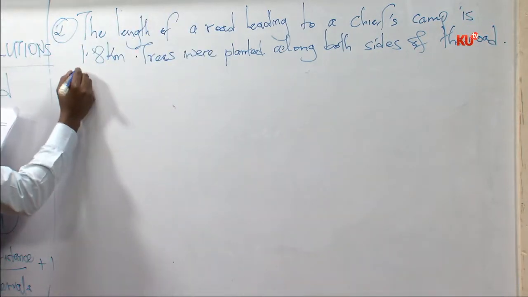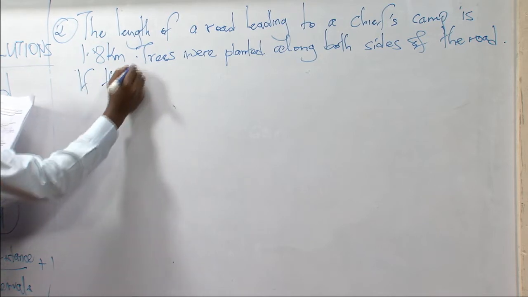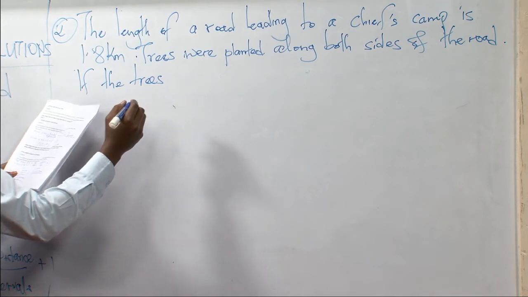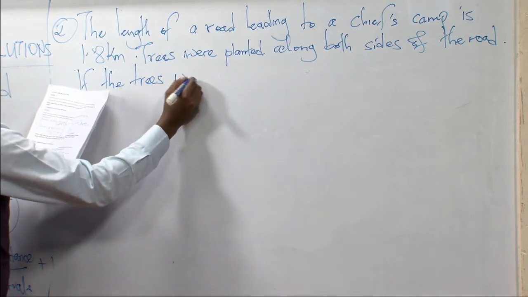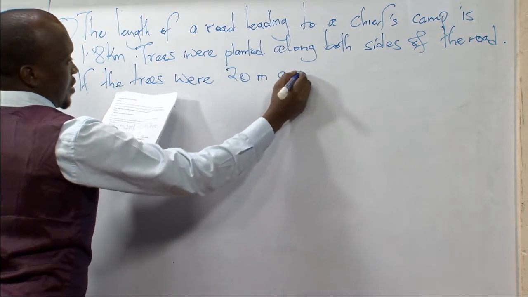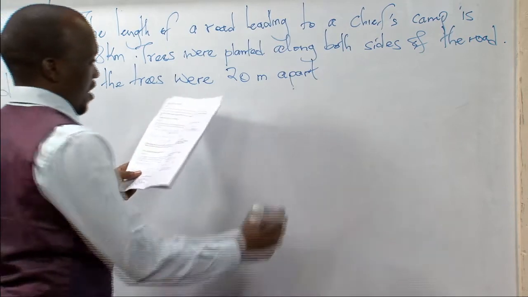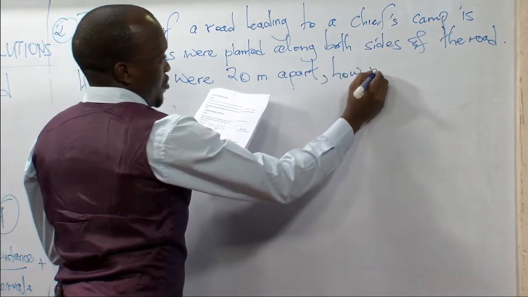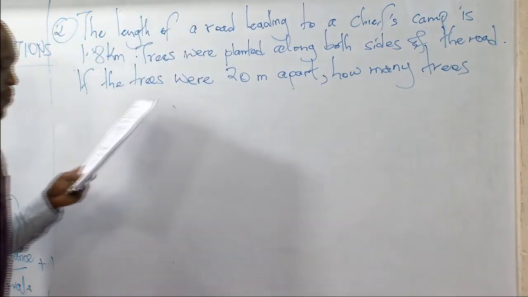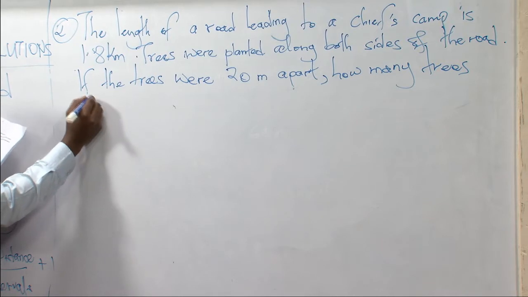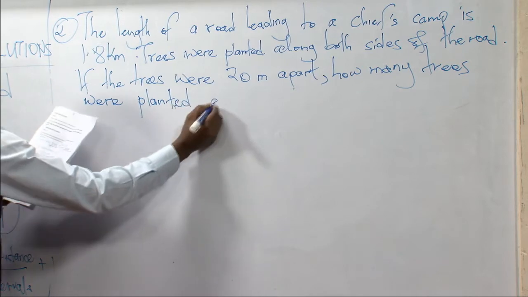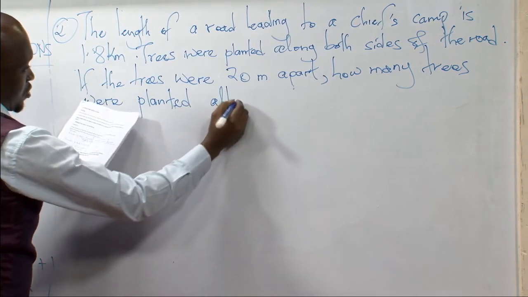If the trees were 20 meters apart, how many trees were planted all together?